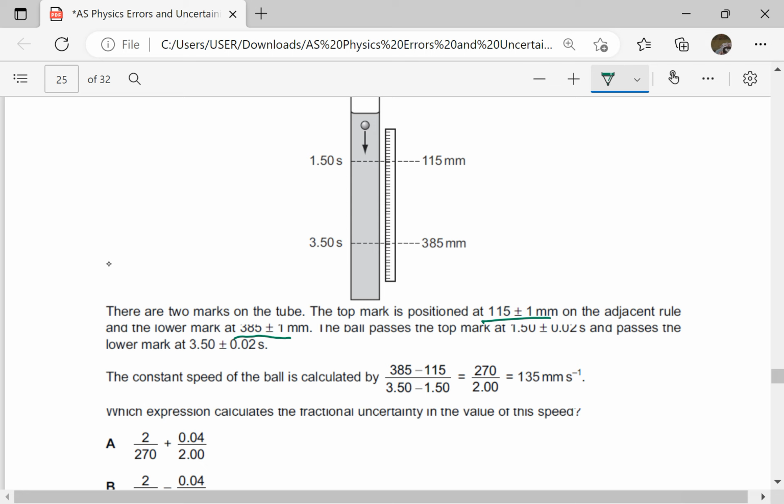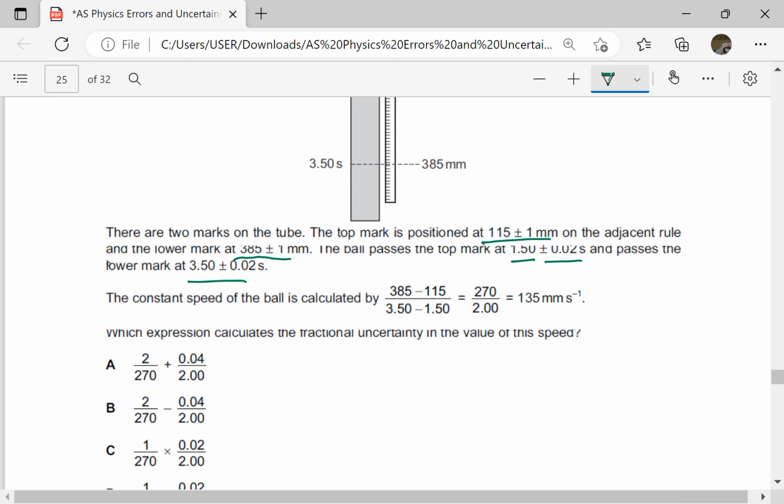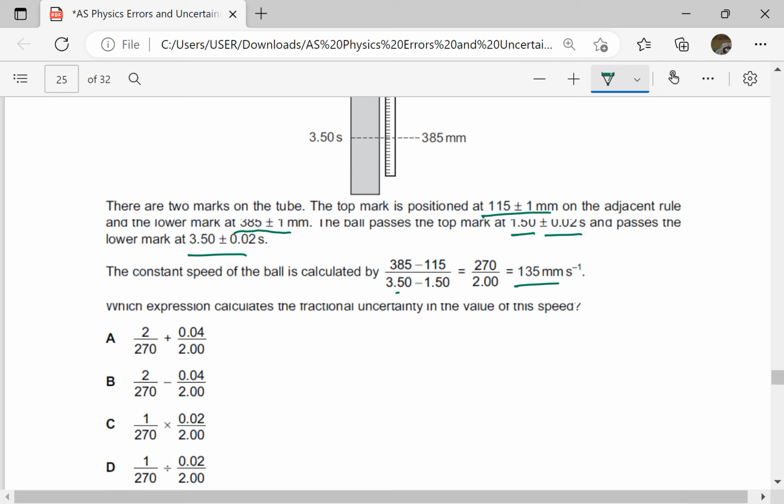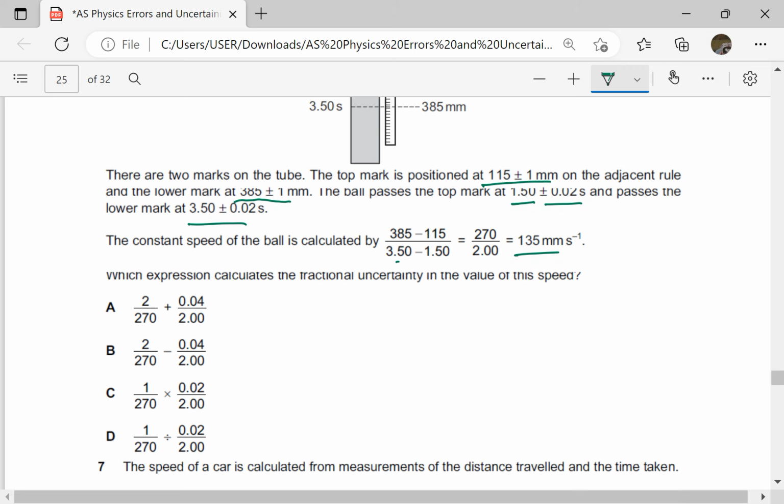The ball passes the top mark at this time, 1.5 plus or minus 0.02, and passes the lower mark at that time. The constant speed of the ball is calculated by subtracting, which is 135 millimeters per second. What expression calculates the fractional uncertainty in the value of speed?